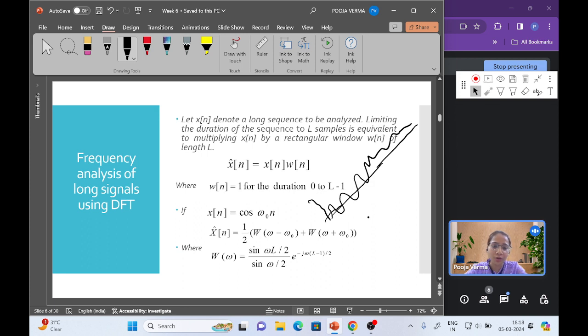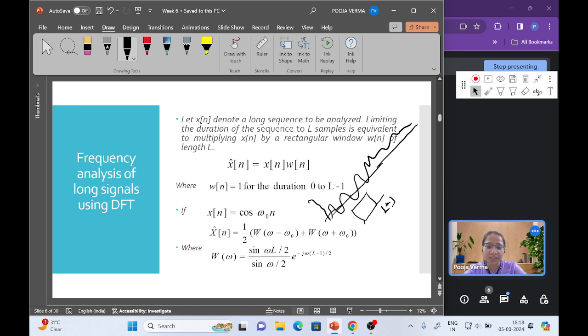So what we are doing is taking a window function. There are different types of window functions: rectangular, Hamming, Hanning, Bartlett. We take any window function of finite duration, multiply it with this signal, then shift and multiply, like a convolution, so we can analyze at every instant of time.